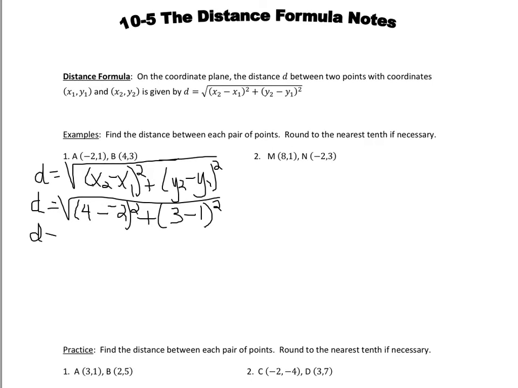So the distance will be equal to, now 4 minus -2 is like plus 2, so the square root of 6 squared plus 3 minus 1, which is 2, squared.